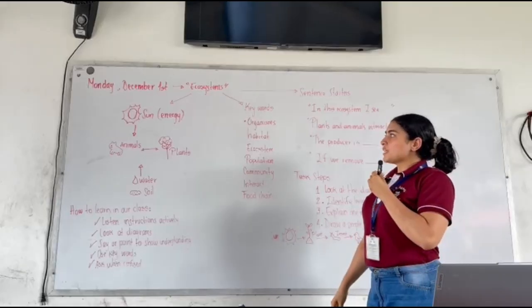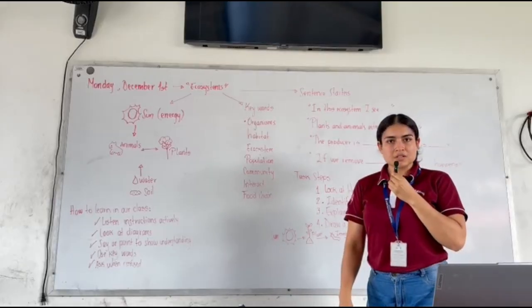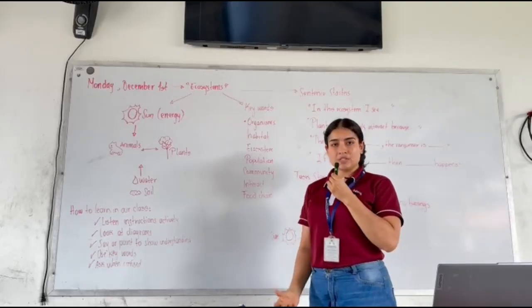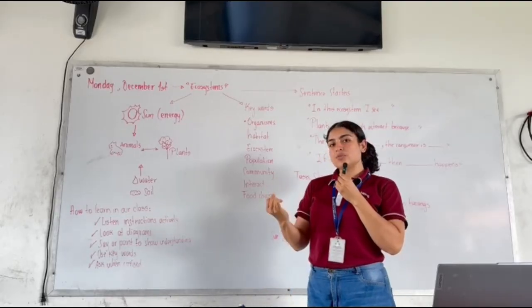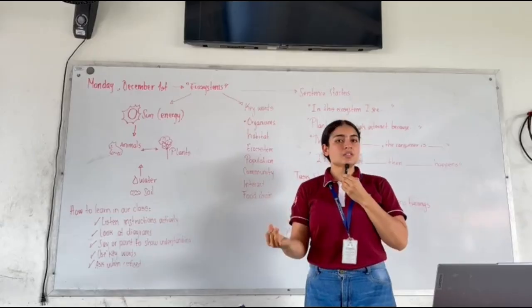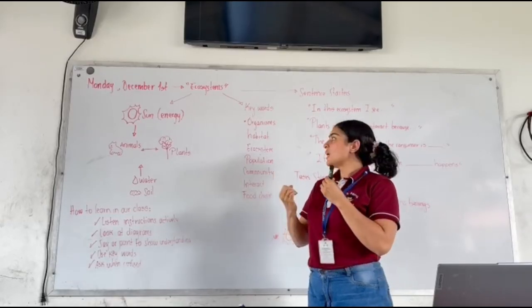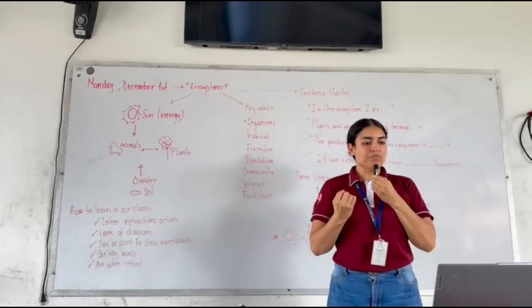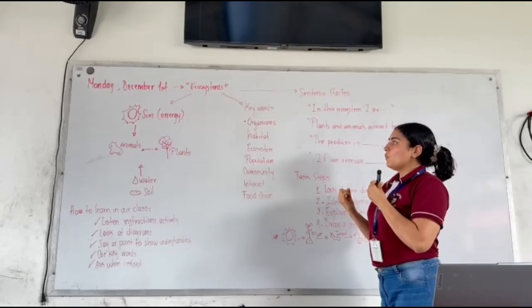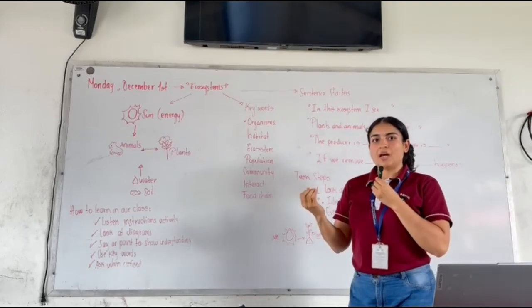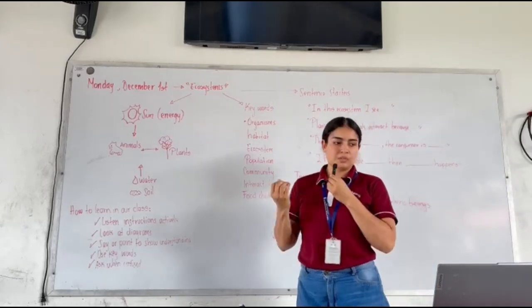So for the activity development, the first thing you have to do is to choose an ecosystem. It could be a forest, a desert, or an ocean. Then you have to think about what the elements are that are part of that ecosystem model.